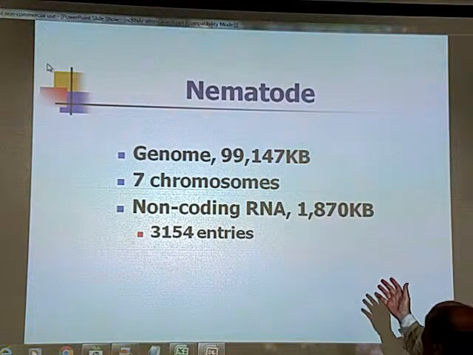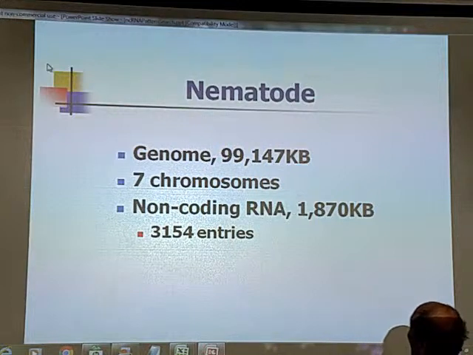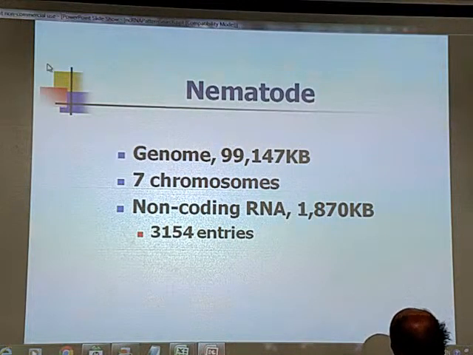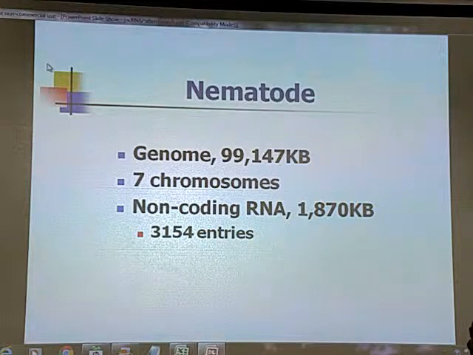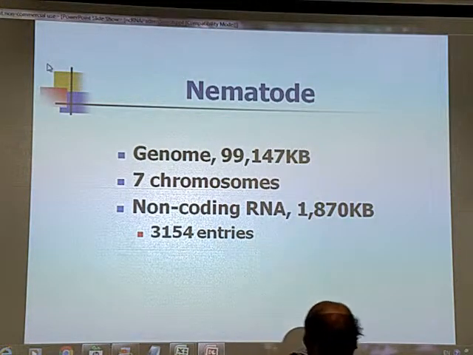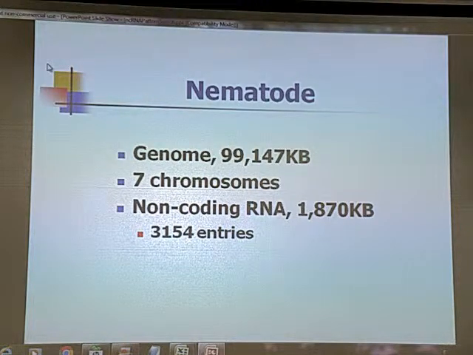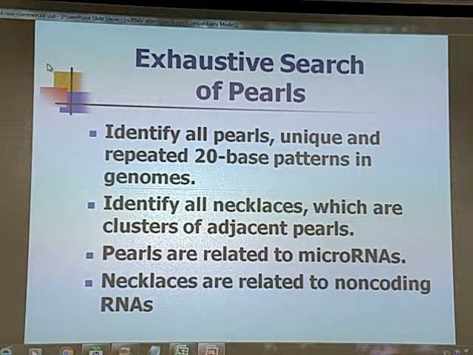It has been studied quite exhaustively, and they have identified 3,000 non-coding RNA, and the data file is about 2 million bytes. So these are the human model and the nematode. These are good models to test my hypothesis.